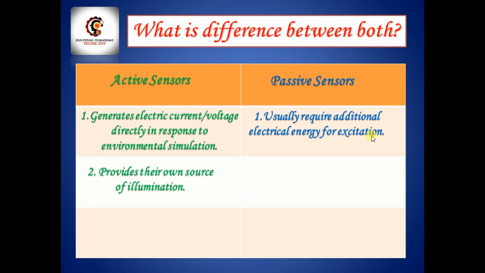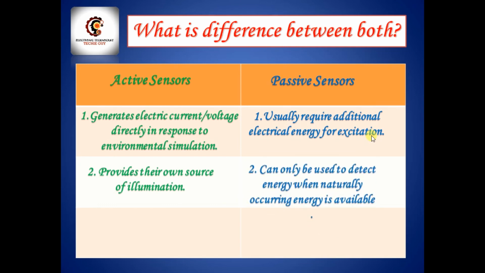The active sensors provide their own source of illumination, whereas the passive sensors can only be used to detect the energy when naturally occurring energy is available. Very simple again. The third is they are able to obtain measurements anytime. It doesn't matter if it's daytime or nighttime, it doesn't matter at all.